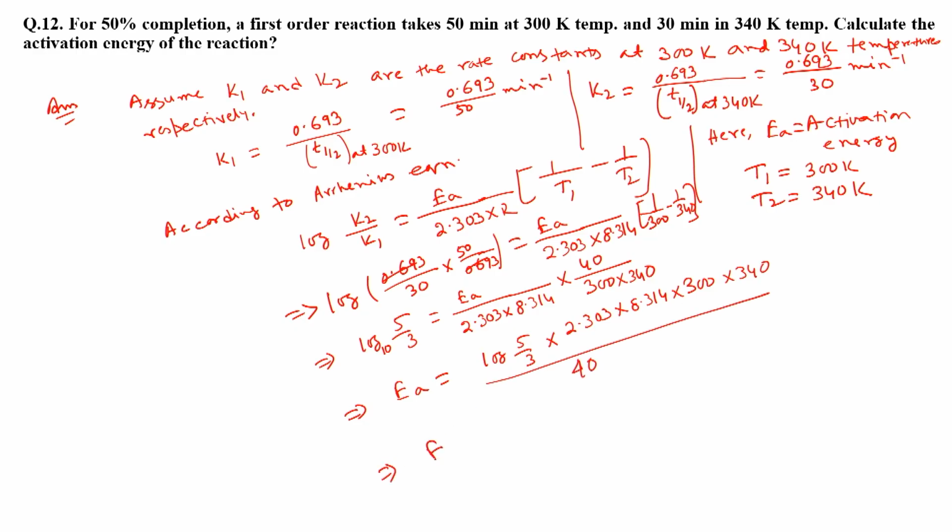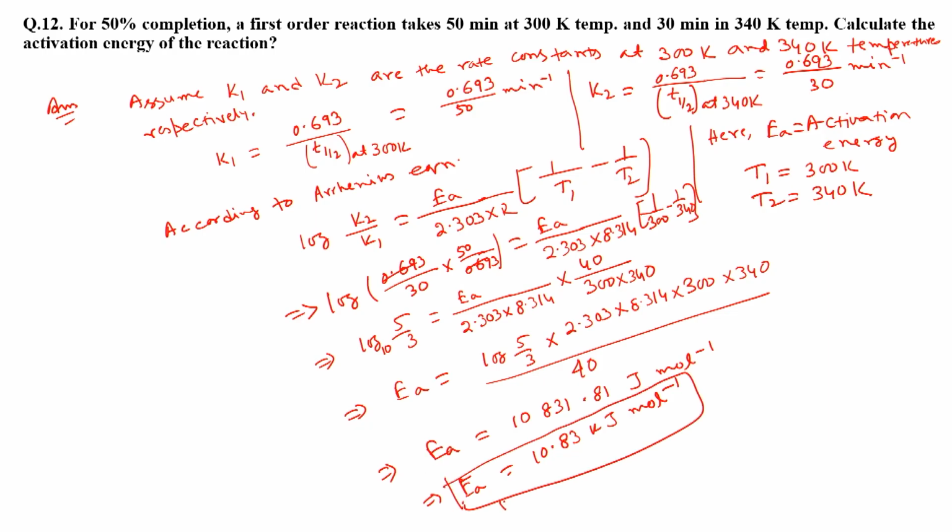If you do it, we get the value of Ea. So, the value of Ea is 10831.81 joules per mole, or you can write Ea in kilojoule unit, 10.83 kilojoules per mole. So, this is the value of the activation energy.